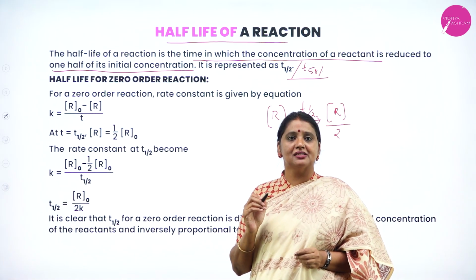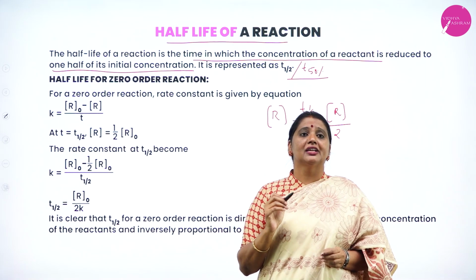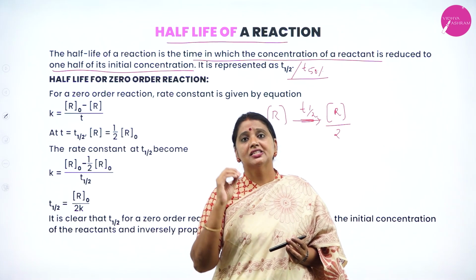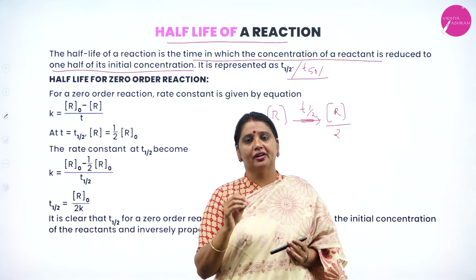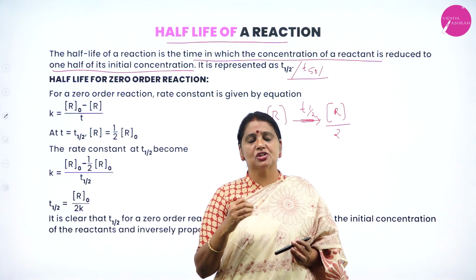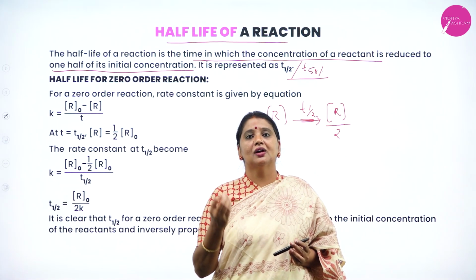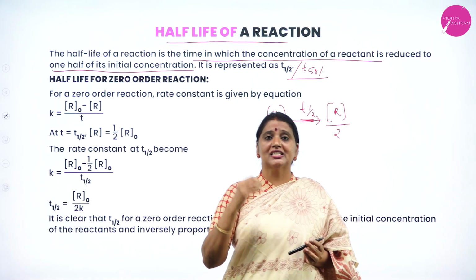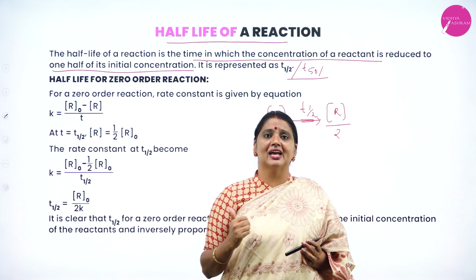Like we derived the integrated rate equation for zero order as well as first order, similarly, now I am going to derive the half-life period expression for zero order as well as first order reaction. My dear student, once again I will repeat, what is the half-life period of a chemical reaction?